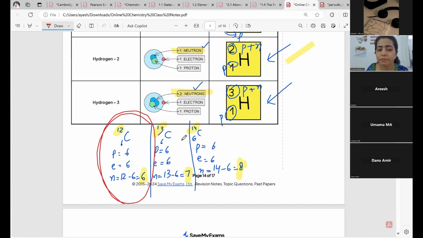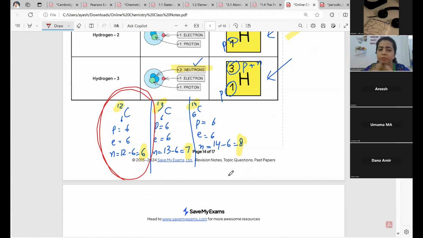Yes, Wafia. Miss, I have 2 questions. The first one is, you said that the number of protons can't be changed in an element. Is that the reason why elements are unchangeable, so they can't be changed to other elements, they can't be further broken down? No, that's not the reason. Element cannot be further broken down means we cannot break one atom into further smaller pieces. That is a different thing.